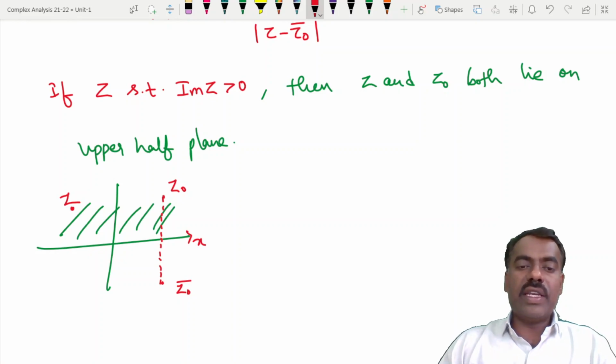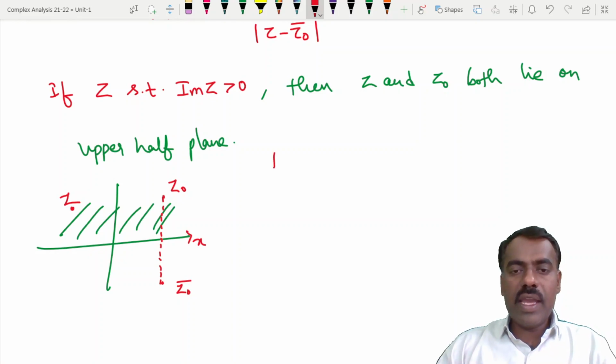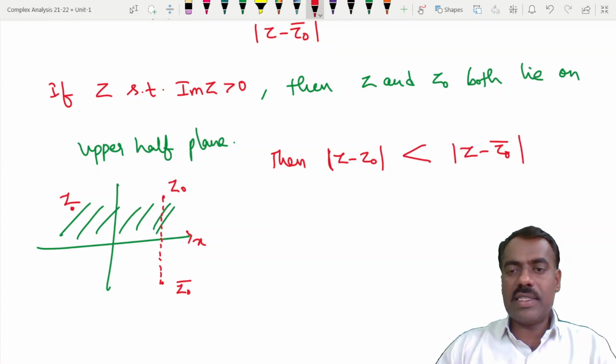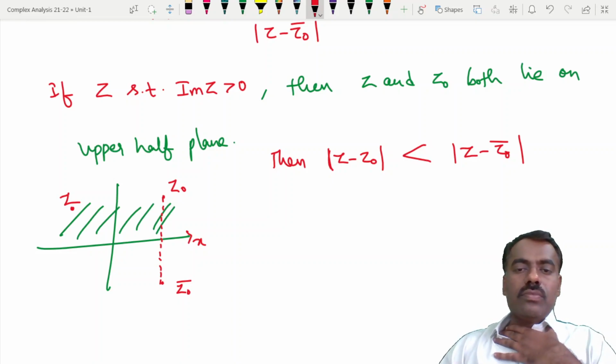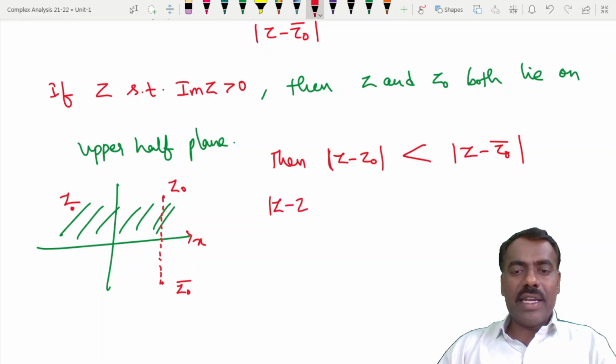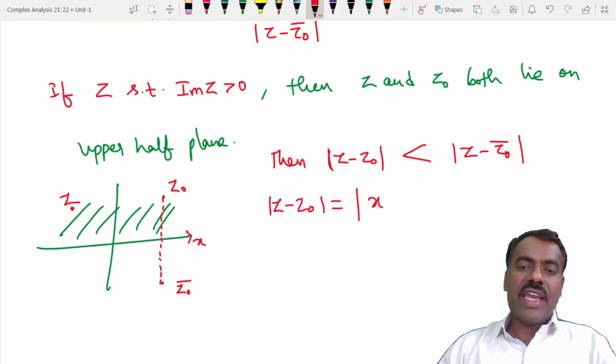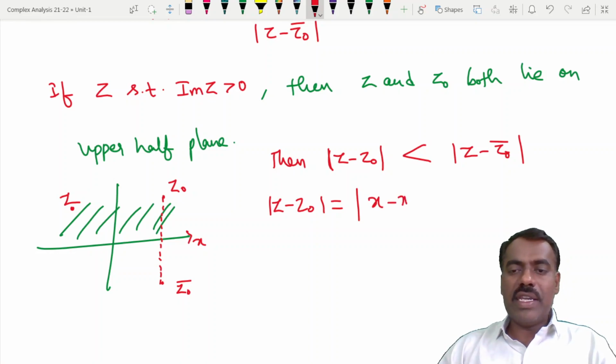Then one can check that mod (z minus z0 bar) is strictly greater than mod (z minus z0). Why? Because if we write z as x plus iy, then mod (z minus z0) is mod of (x minus x0) plus i times (y minus y0).